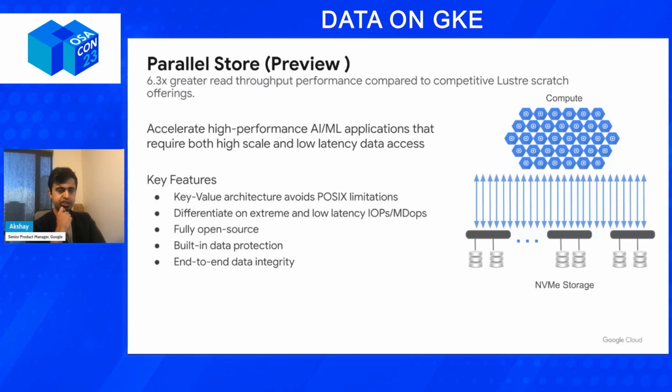But what we did at GCP is we launched something called Parallel Store. The reason we chose Parallel Store is we were able to achieve pretty high performance, basically 6.3x greater throughput performance compared to other alternatives. We published a paper on this with Intel DAOS. That's the technology we use underneath the hood for the parallel file system.